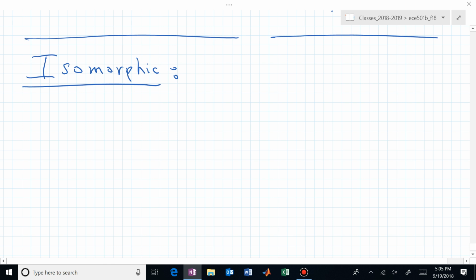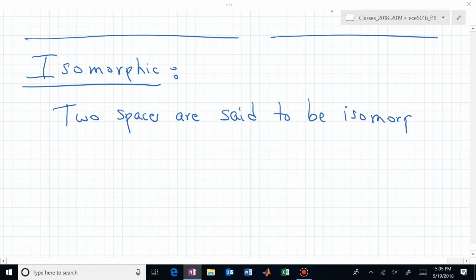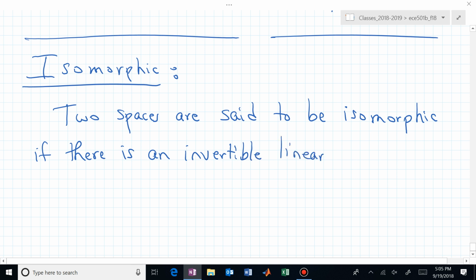So two spaces are said to be isomorphic if there is an invertible linear map between the two spaces.